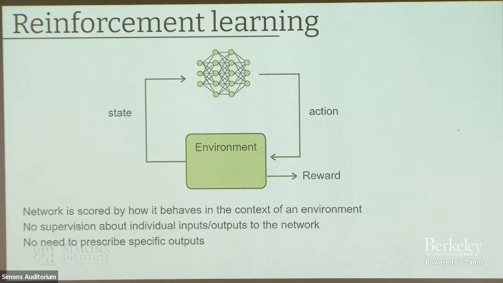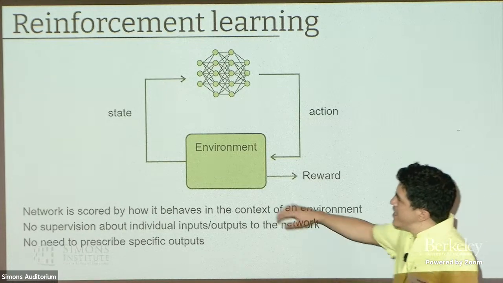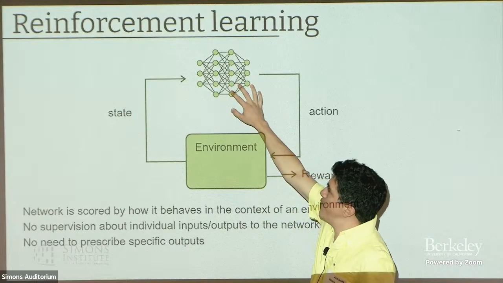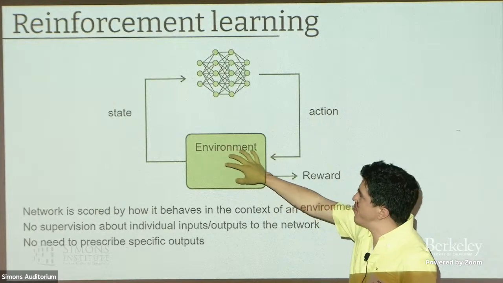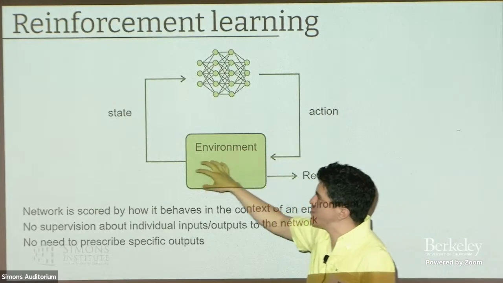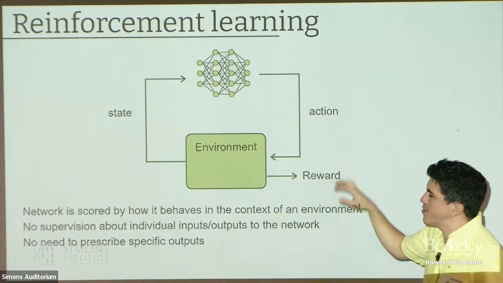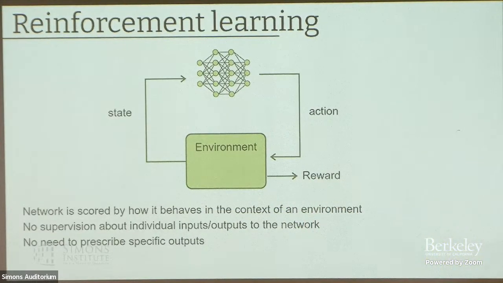The other really big idea within this space is the use of reinforcement learning in order to either fine-tune some of these models or to train some of these models from scratch. Reinforcement learning is based on an approach where you have some state, you have your neural network that is deciding on some actions that are fed into an environment that, based on the actions, tells you what the next state is going to be and also gives you a reward that tells you how well you're doing.